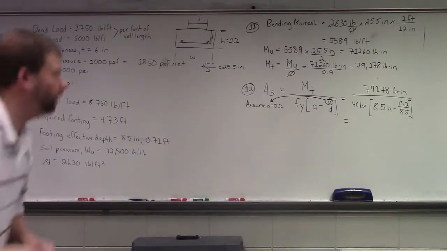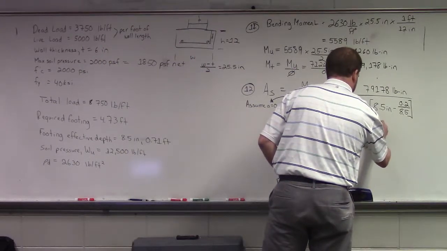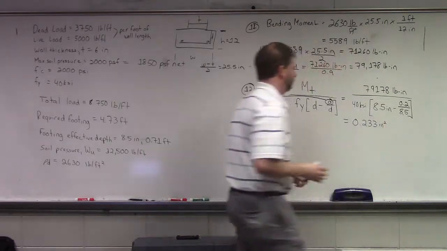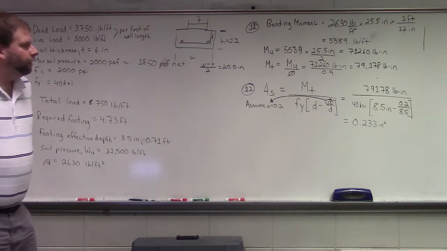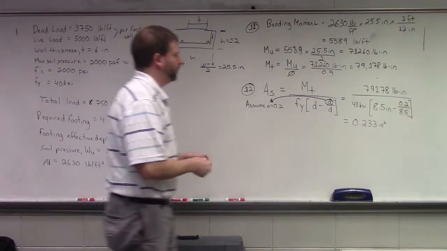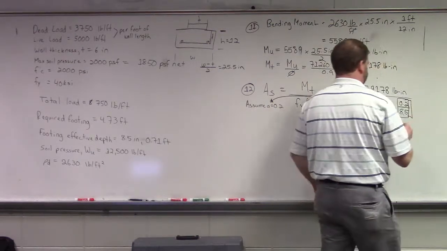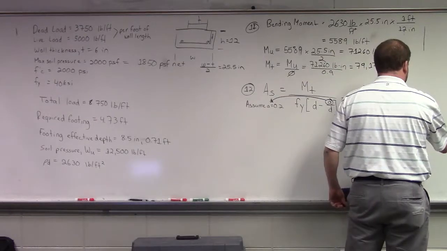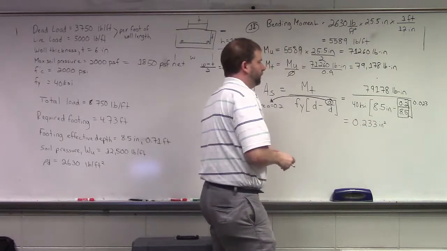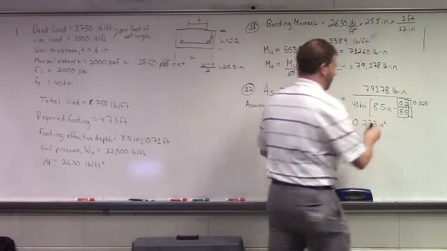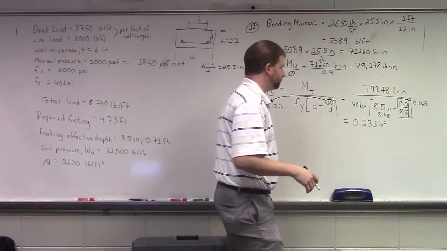Aren't you getting 0.23? Okay, let's step through this one at a time. 8.5 minus 0.2 divided by what's this number? 0.023. Okay, that leaves this at roughly 8.48.